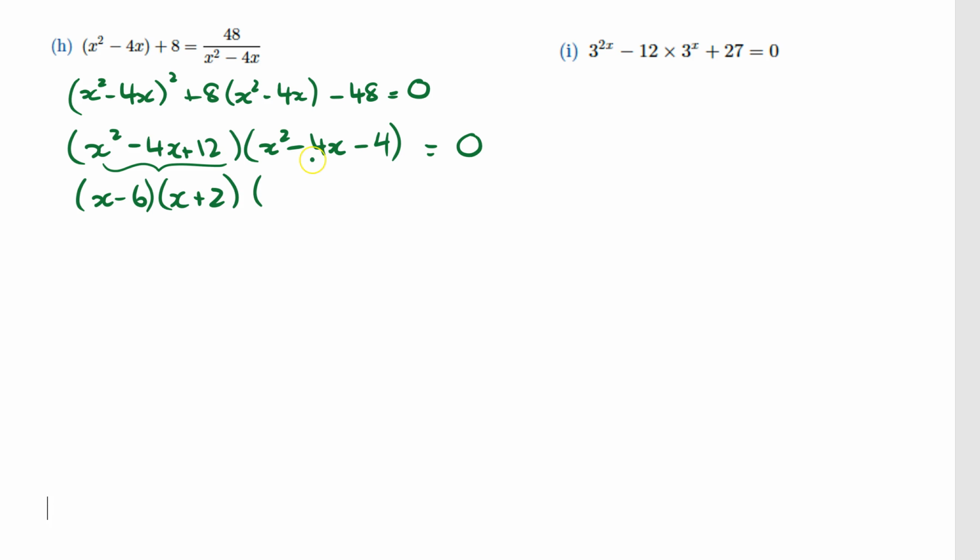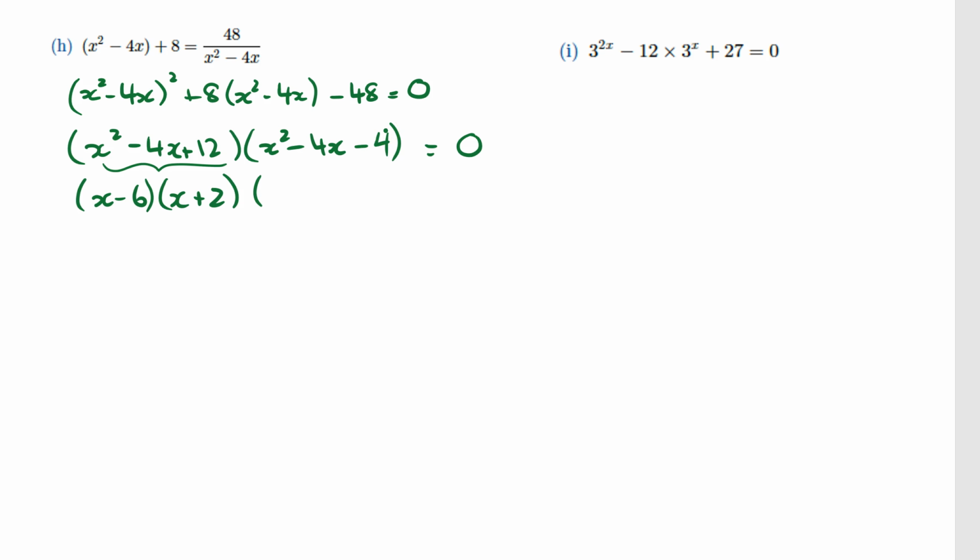What's the discriminant? The discriminant is b squared, which is minus 4 squared, 16, minus 4ac. So 16 minus 4 times 1 times minus 4, which is another plus 16. So square root of 32.